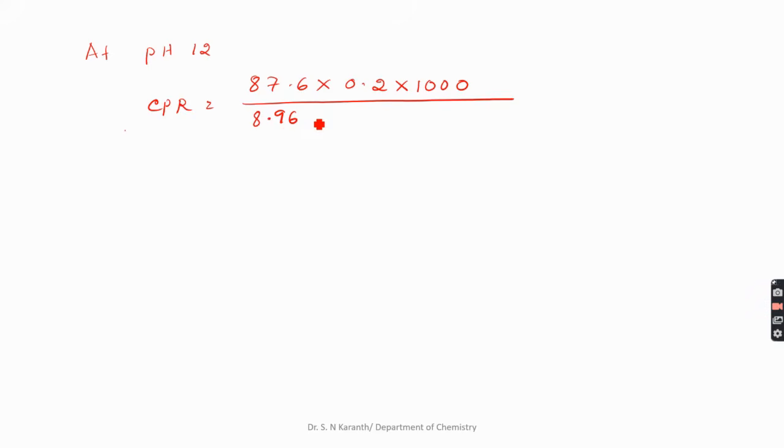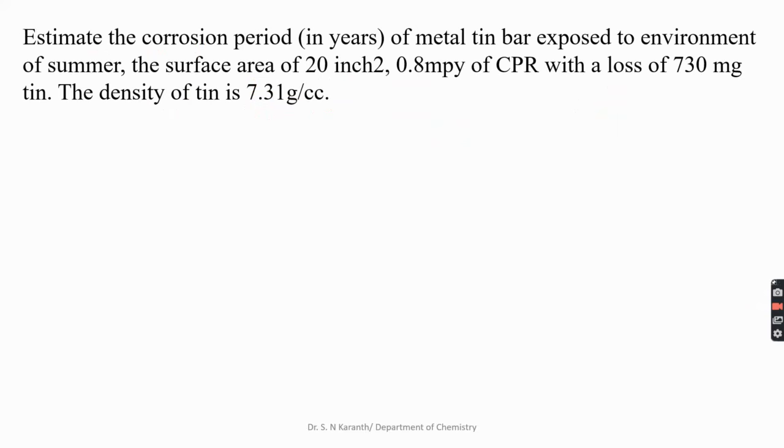So density is 8.96 multiplied by 10 multiplied by 365 into 24. So the CPR at pH 12 becomes equal to 0.022 Mmpy. Okay, so this way we can calculate how the pH decides the corrosion rate.